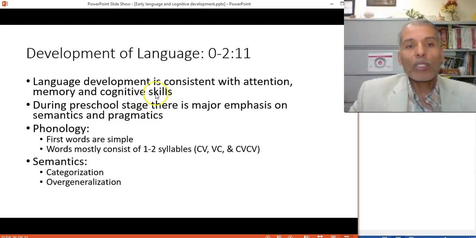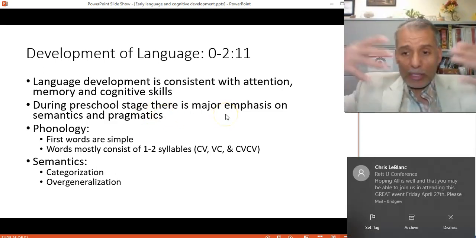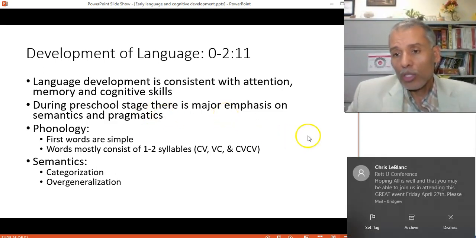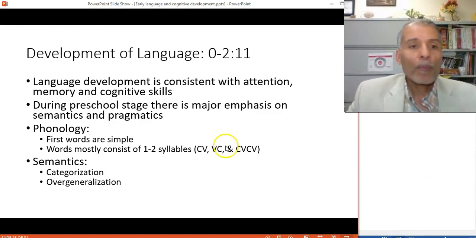So language development is consistent with attention abilities, with memory, and with cognitive development. And it is dependent on these abilities. During the preschool stage, the major emphasis in language development is on semantics and pragmatics.